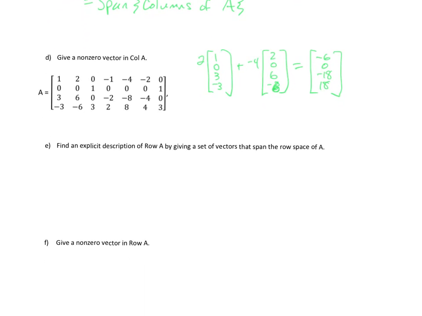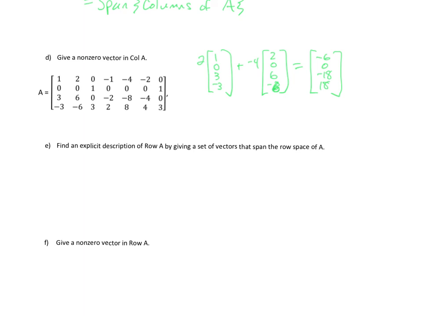Okay, find an explicit description of row A by giving a set of vectors that span the row space of A. So the row space, remember, is the set of all linear combinations of the rows of A. So I have 4 rows here in A. They each have 7 entries.